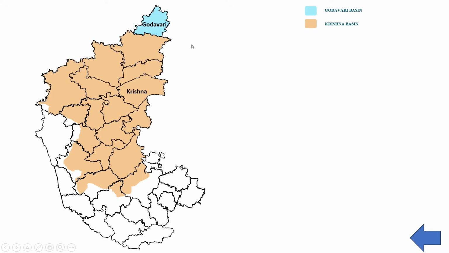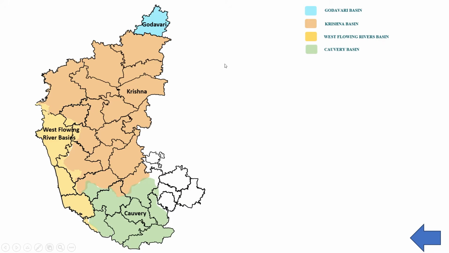Followed by Krishna basin. The Krishna basin is the largest basin in Karnataka, occupying around 60% of the geographical area of Karnataka. Then we have the west flowing river basins. That is, to the west of the Western Ghats, we have the west flowing river basin occupying around 14% of the land area.